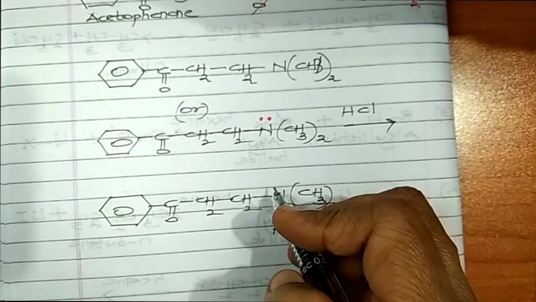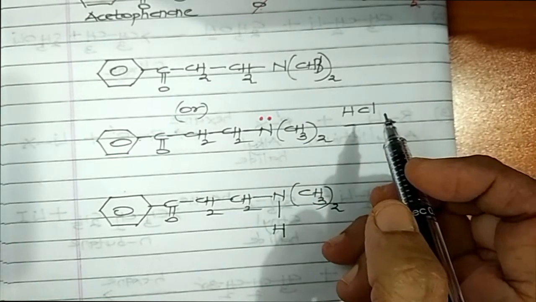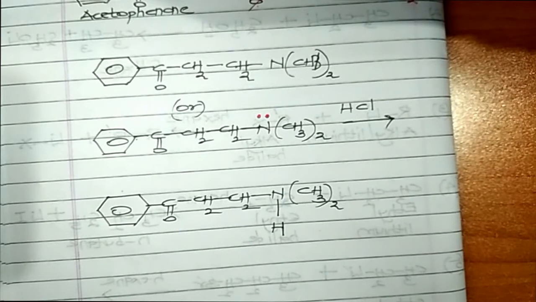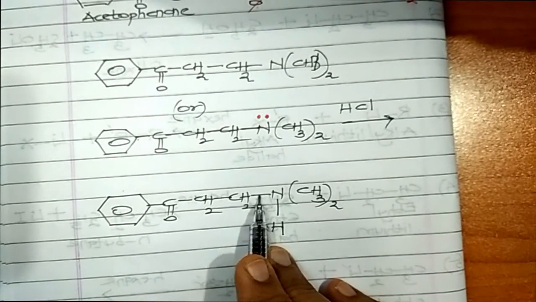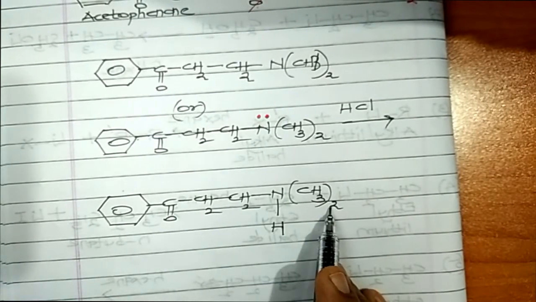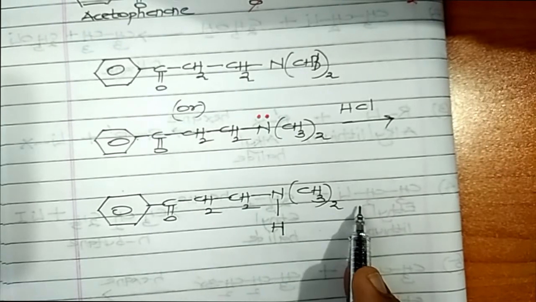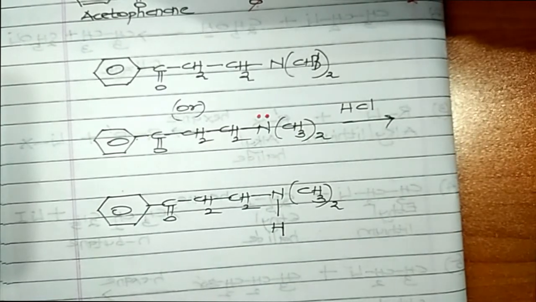Now, if you check the valency of this nitrogen atom, it has become 4. How has it become 4? Because there is one bond here and two bonds here. So 1, 2, 3, 4. Your nitrogen atom has now become quaternary.